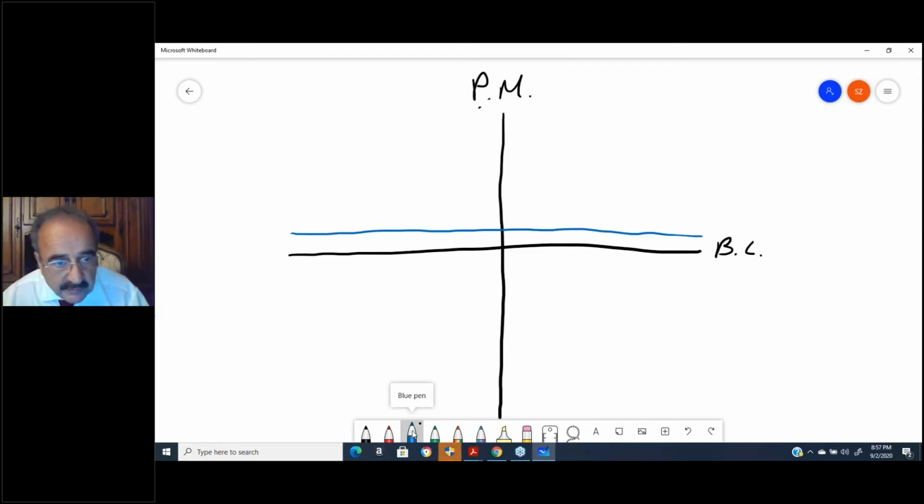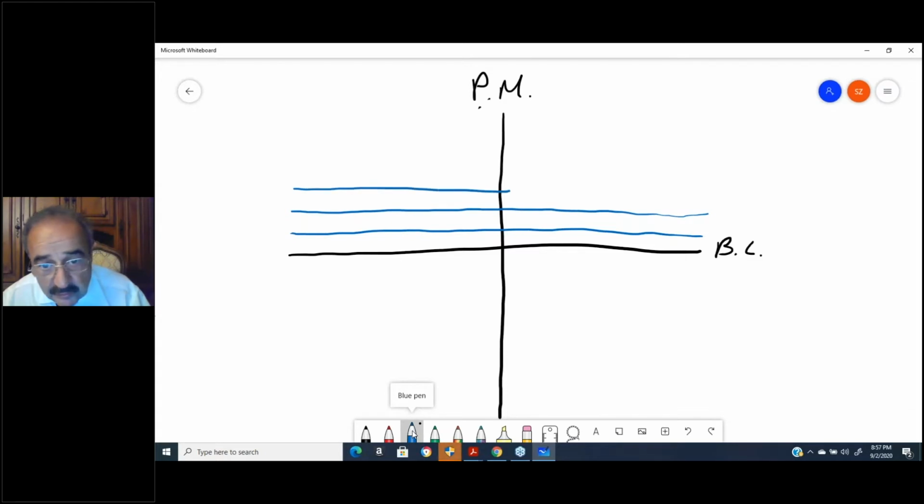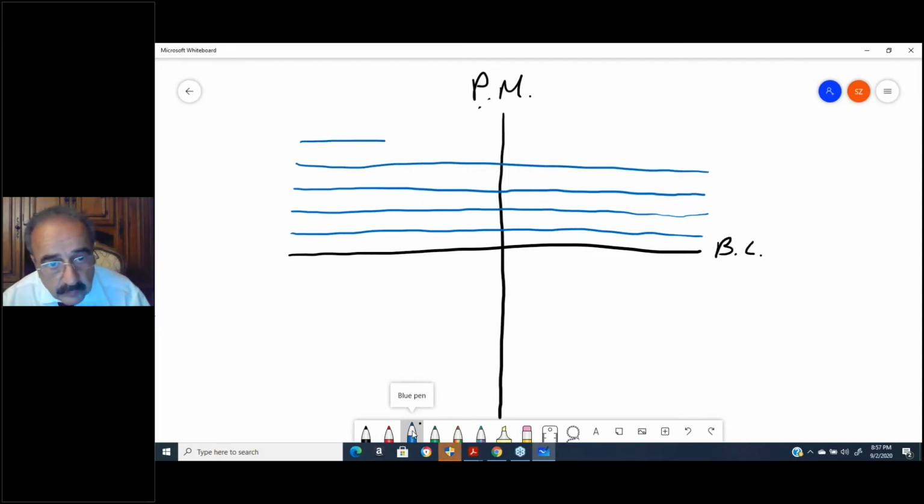Parallel to the baseline, every 6 miles, there's a strip of land called a township tier. A tier happens to be 6 miles wide.